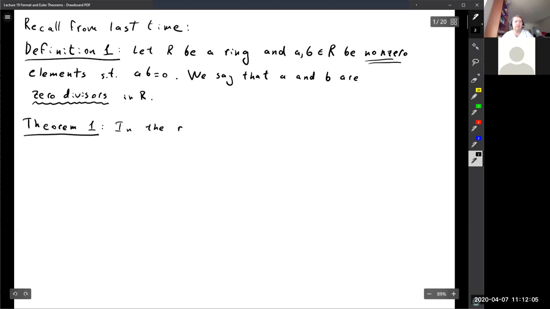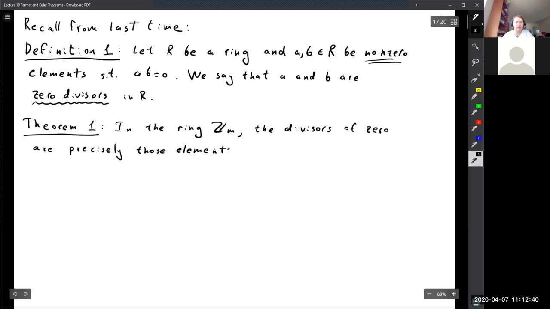In the ring Zm, the divisors of 0 are precisely those elements which are not relatively prime with m.